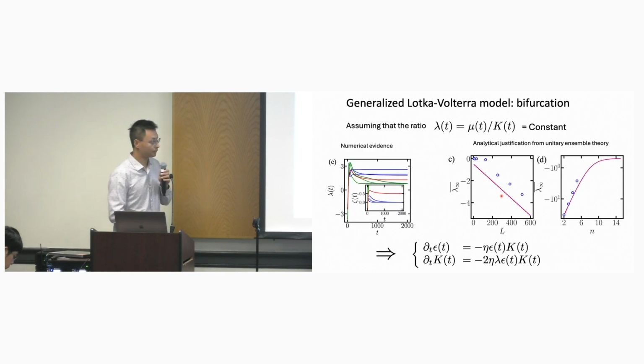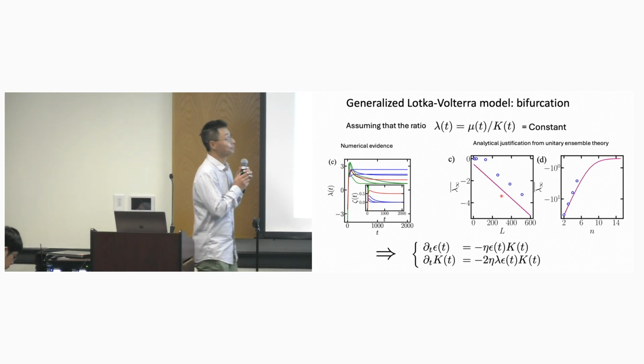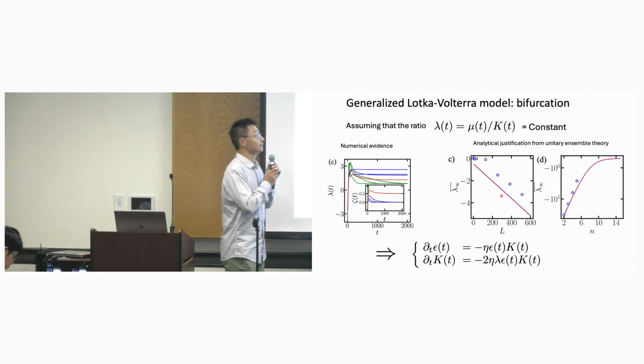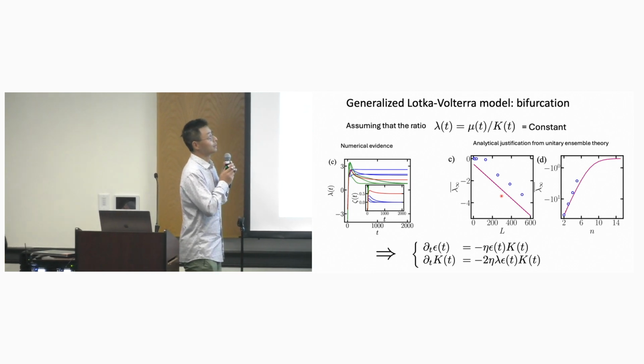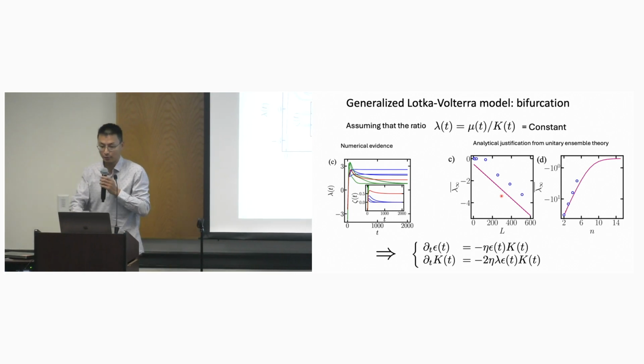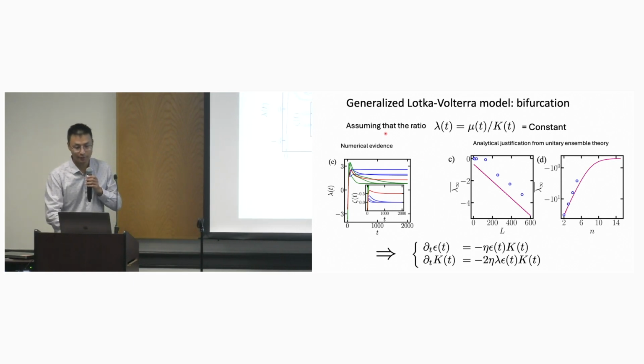But it turns out we can make an assumption here, which is that the higher-order term is actually not going to change much. This is true at late time, and we verify this numerically. So we assume that the ratio between the dQNTK and the kernel is a constant, which we can numerically verify in a lot of different training examples.